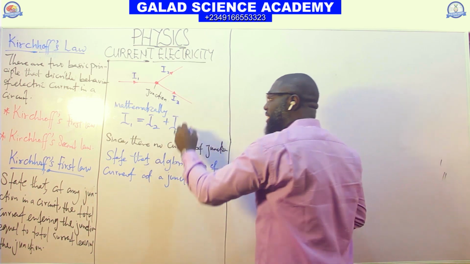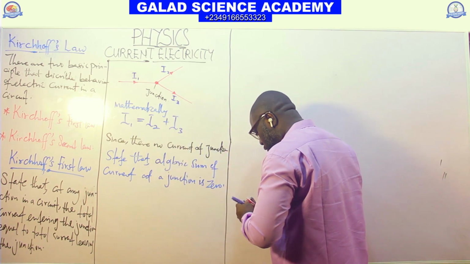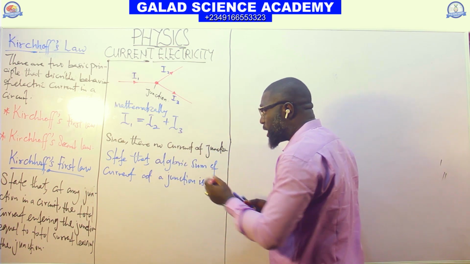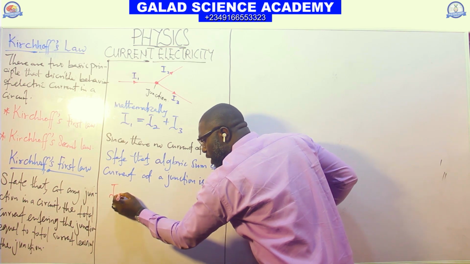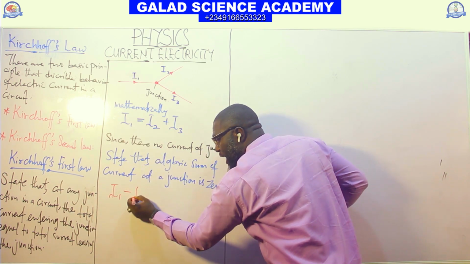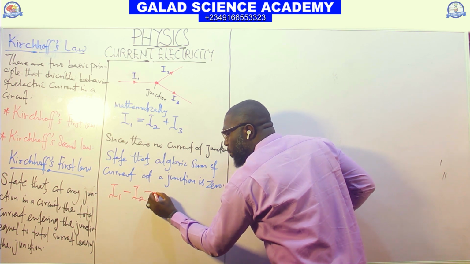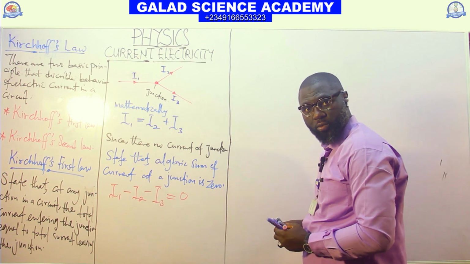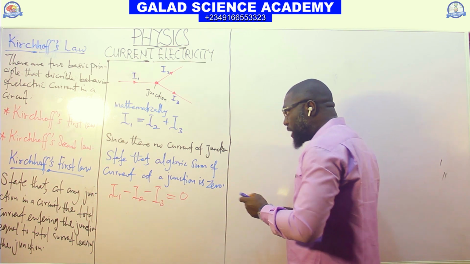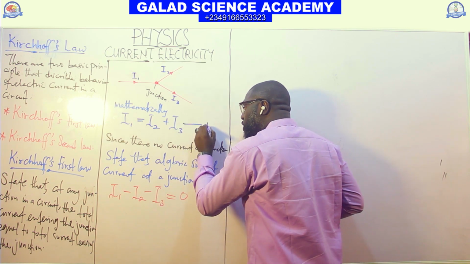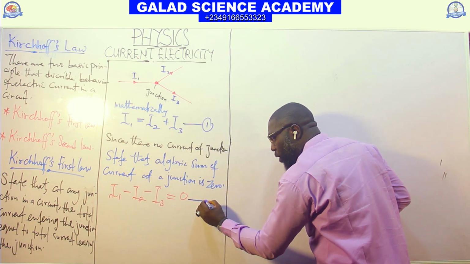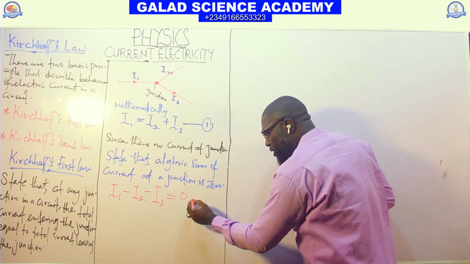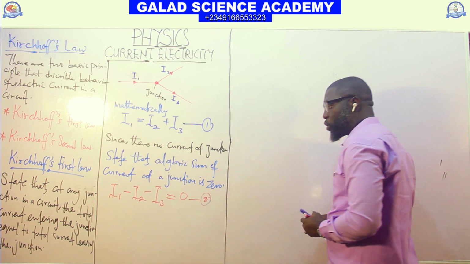So from this expression, we can say I1 minus I2 minus I3 equals zero. This is equation 1, and this is equation 2 for the current.